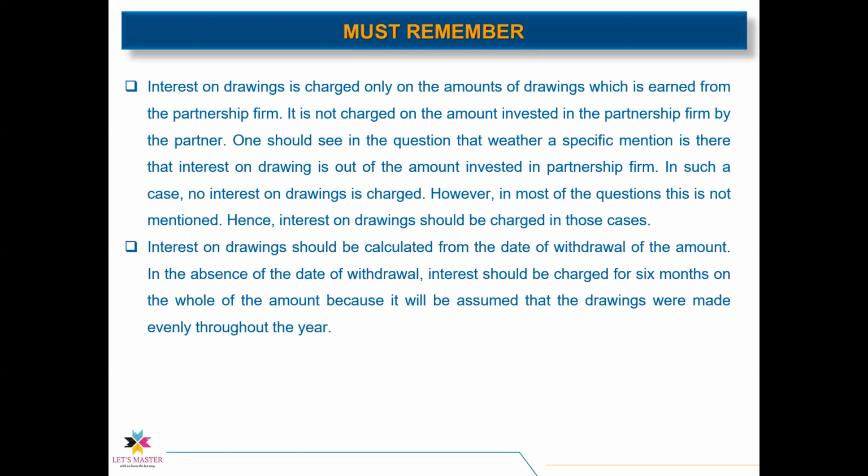In the absence of the date of withdrawal, interest should be charged for 6 months on the whole of the amount, because it will be assumed that drawings were made evenly throughout the year.